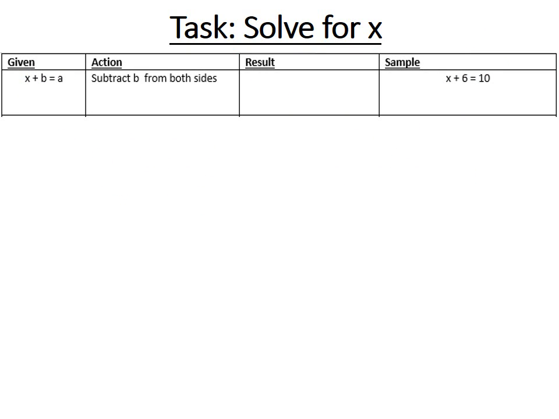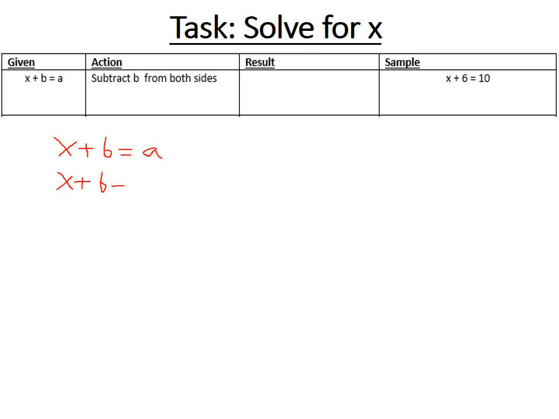So in this case, it's very similar to the previous case, except this time we have x plus b is equal to a. And again, you want to do the opposite of what's being done to x. So now what we're going to do is, since you're adding b, you're going to remove b from both sides.